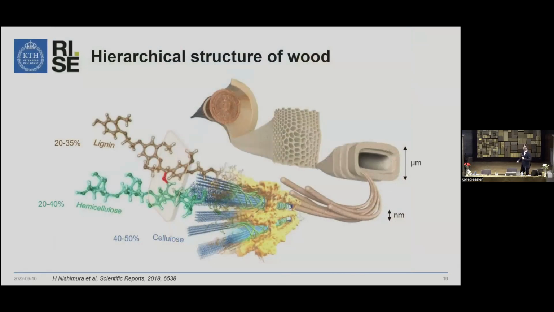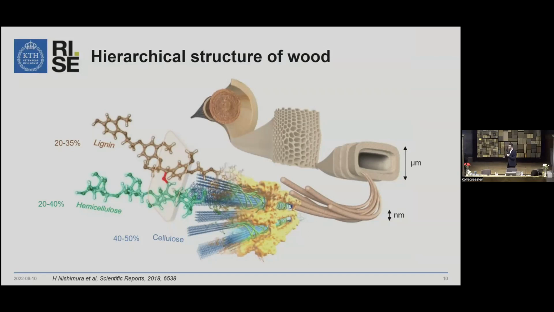So here in this picture, you see the hierarchical structure of wood. You see in the wood tissue, the wood fibers are organized. And then if we take a look into the cell wall of the wood fibers, we see cellulose microfibrils lined in an order.